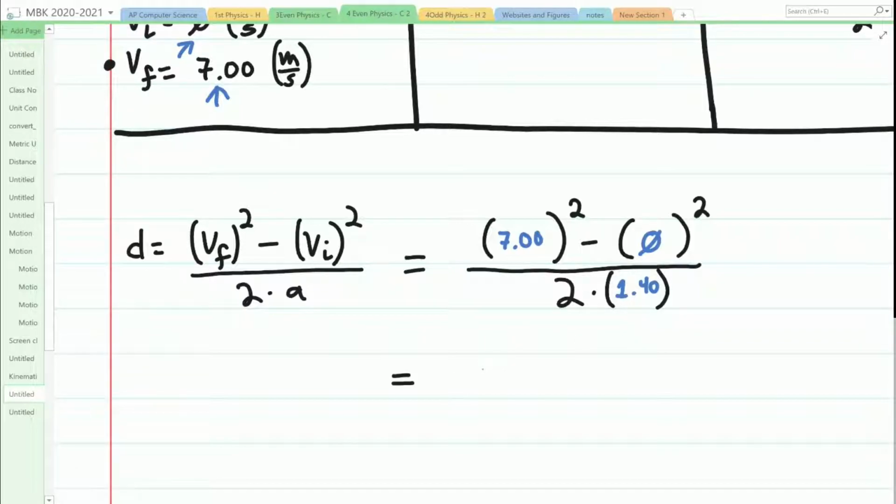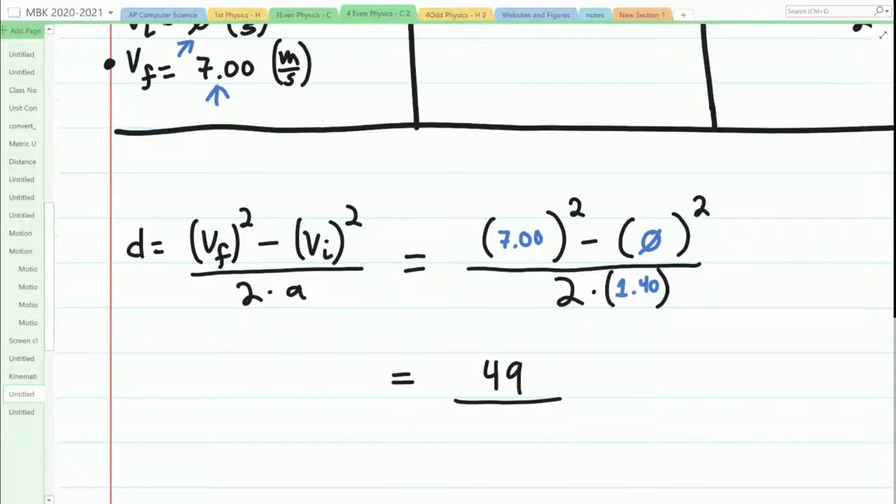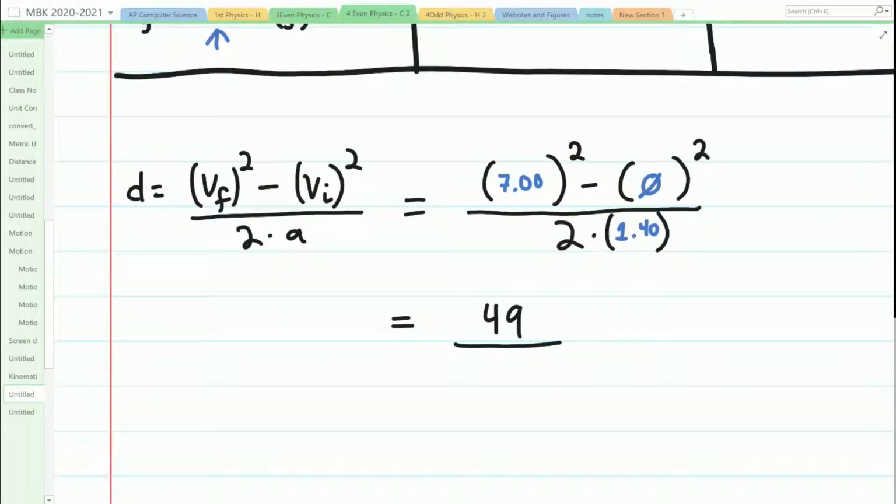So I end up with, what's 7 times 7? There we go, 49. Usually it takes kids a lot longer to respond than that. All right, and then minus 0 squared. 0 squared is just 0, so 49 minus 0 is just 49.